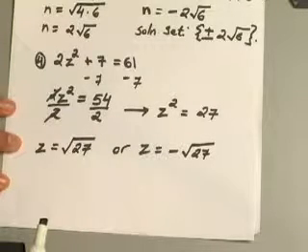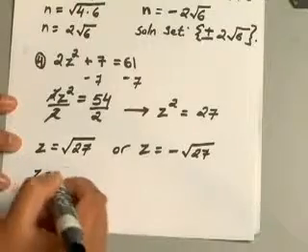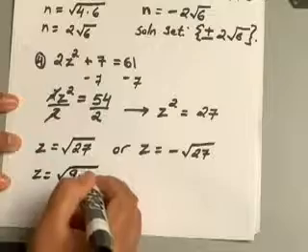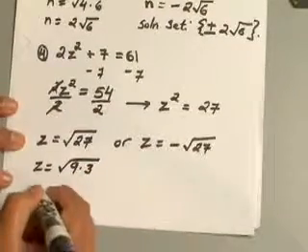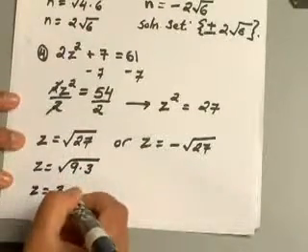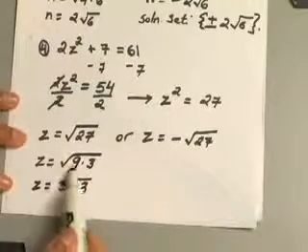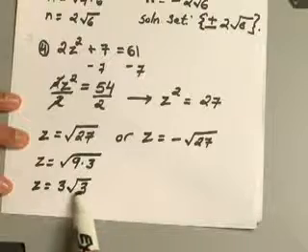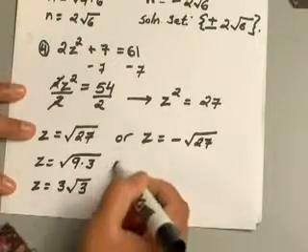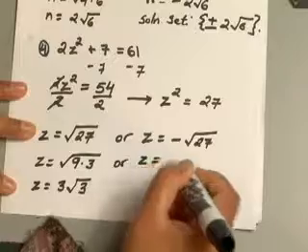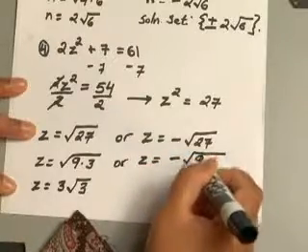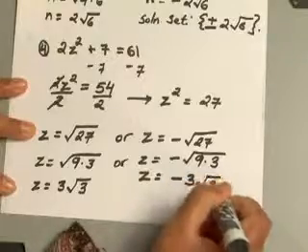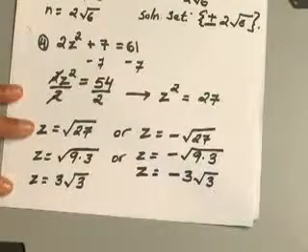So we will end up with z equals, we can write 27 as 9 times 3, 9 being the perfect square, and that will give you 3 times square root of 3, because square root of 9 will come outside as 3, and this 3 will continue to stay inside the radical sign. So in the same way, you will do the negative root, and you end up with negative 3 square root of 3 as your answer.